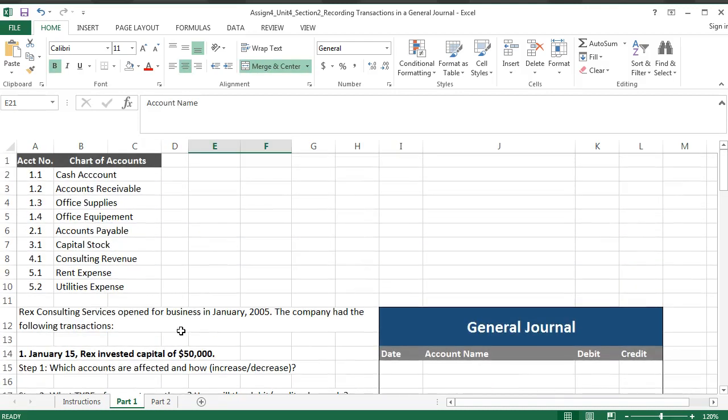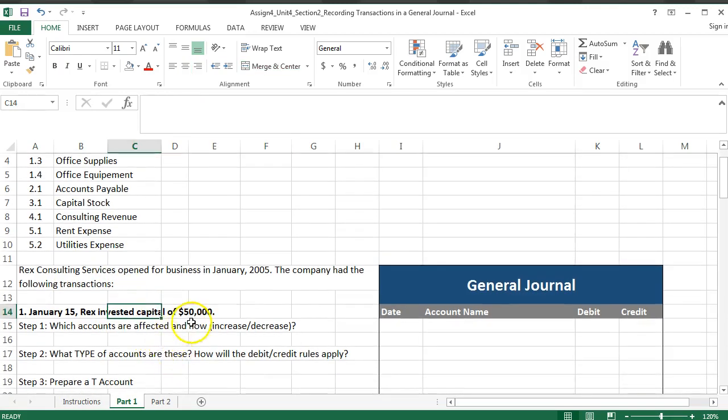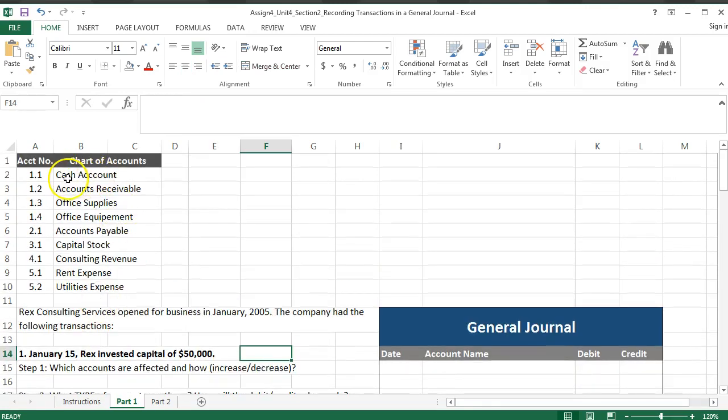So with this very first transaction, just like in every other assignment when we've had a first transaction into starting a business, we know that investment into the business of $50,000 is going to affect our cash and our capital account. In this exercise, our capital account is called capital stock.